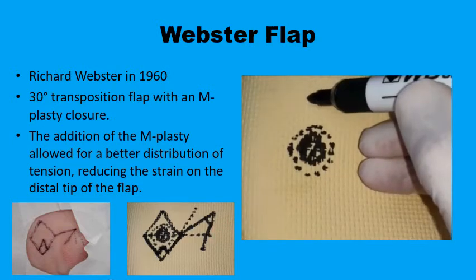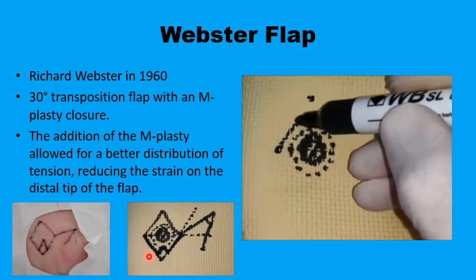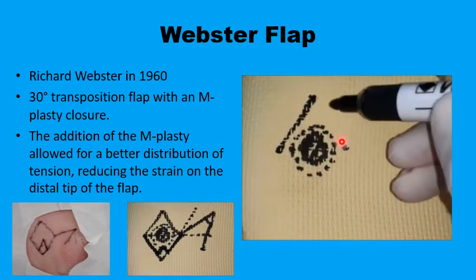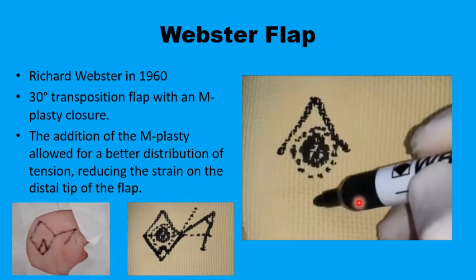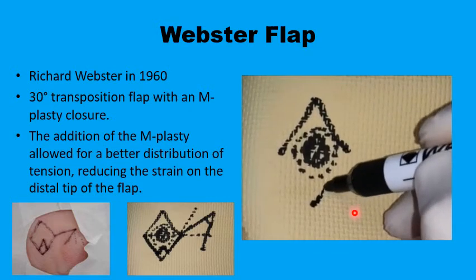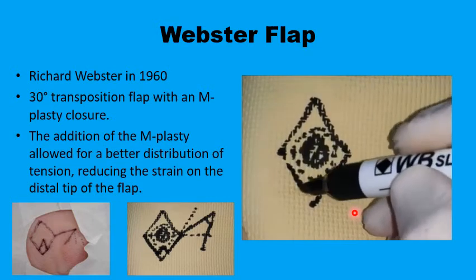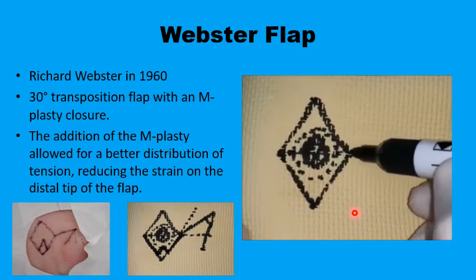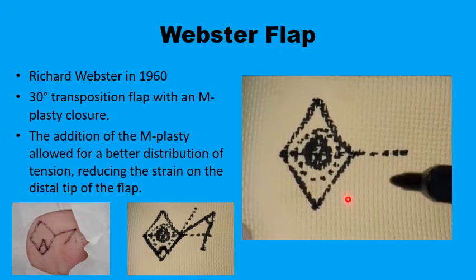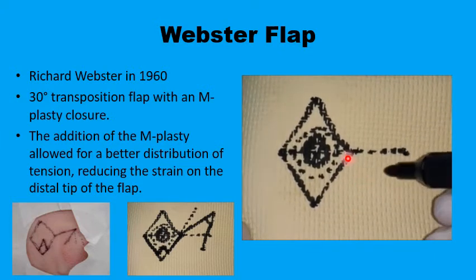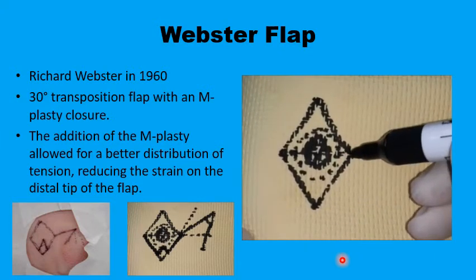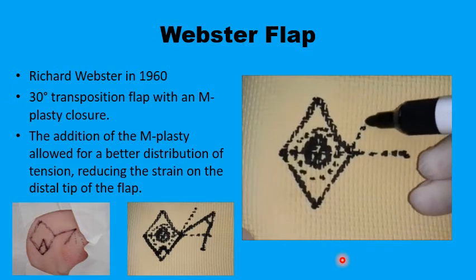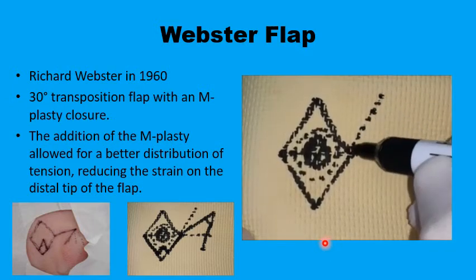So you start by drawing up the rhomboid shape, and you will then mark the flap by extending the short diagonal and one of the sides of the rhomboid, bisecting the angle.